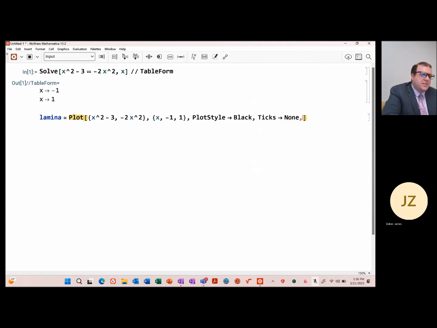Let's also turn the axes off, and for plot labels, we'll use expressions.